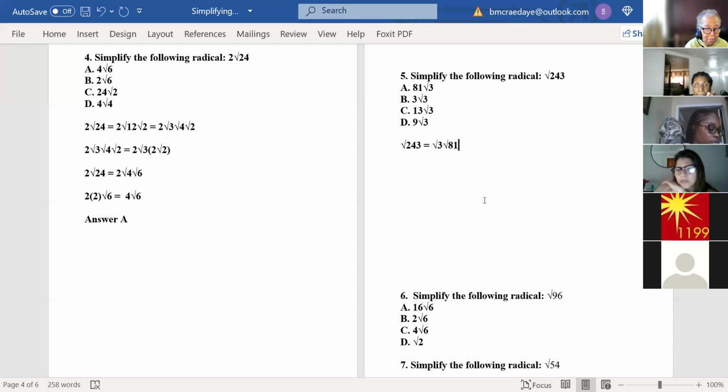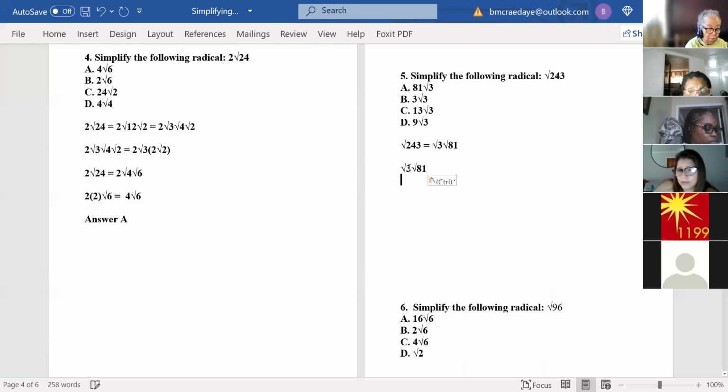So 81. What two numbers multiply to give you 81? 9. That's 9. Very good. So let's just copy this and put it here.